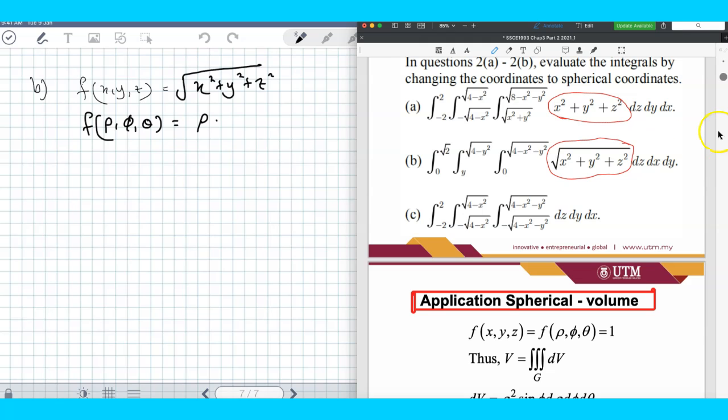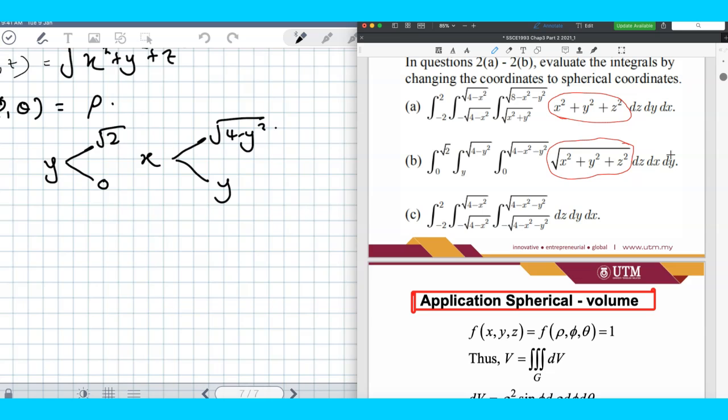As you can see here, we have again an xy solid, where your region is lying on the xy plane. In this case, y is constant, 0 to square root 2, and x is a function of y, the square root of 4 minus y squared. To determine the curve on the xy plane, we can rewrite this into an equation.